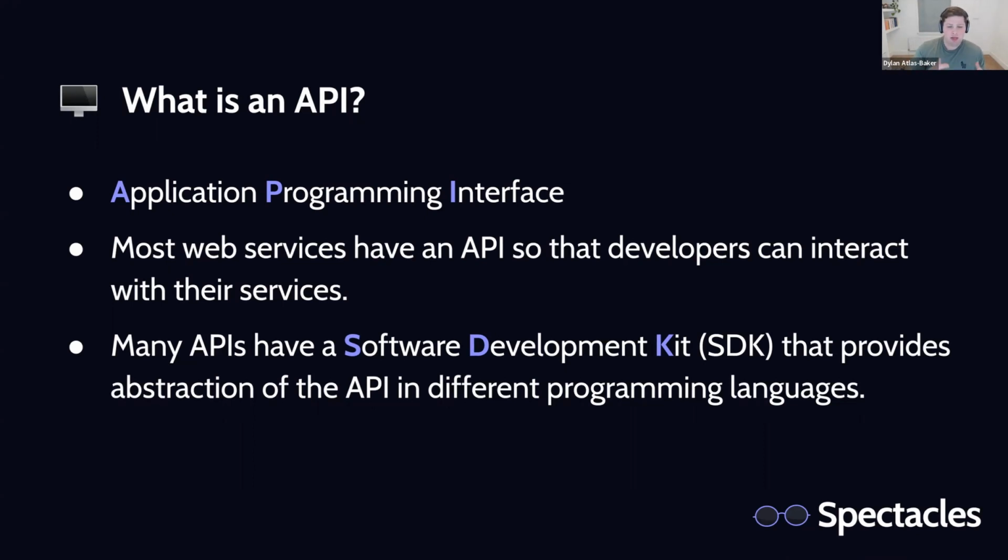There's another term that you'll hear come up a lot when it comes to APIs, and that's an SDK, a software development kit. An SDK is a language-specific abstraction of an API. With most APIs you make a web request, an HTTP request, and you can do that in all programming languages, but often people will write a wrapper for that.